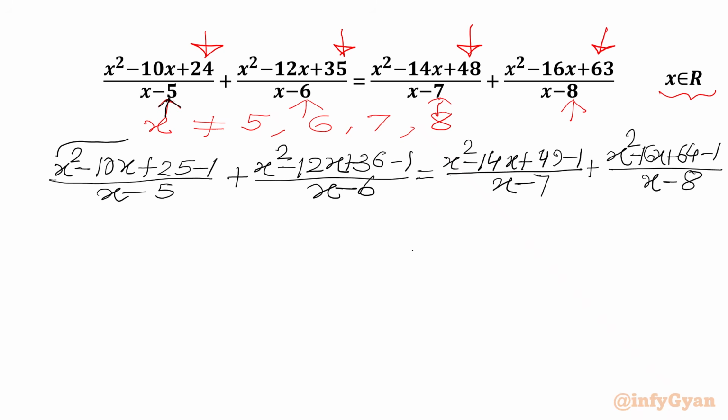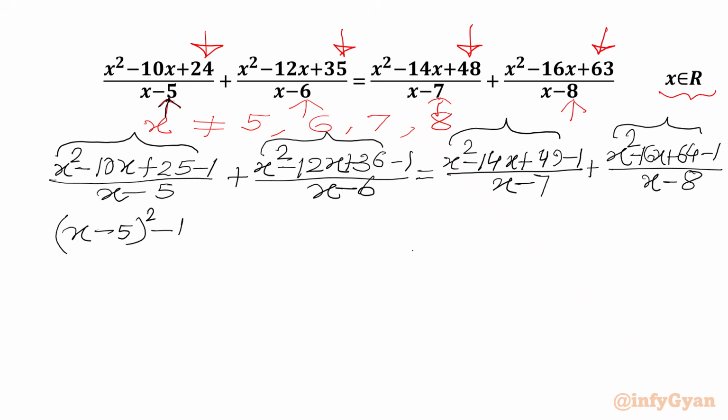Now we will pick three terms from numerators and we'll write their perfect squares. So x square minus 10x plus 25 is whole square of x minus 5. Then we have minus 1.